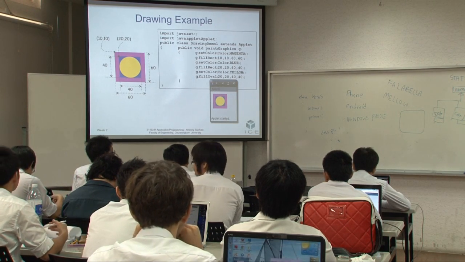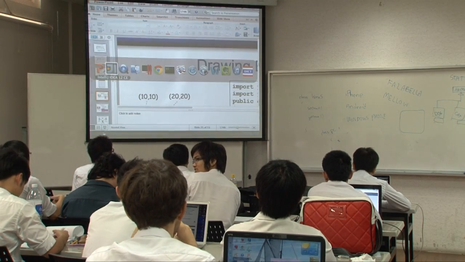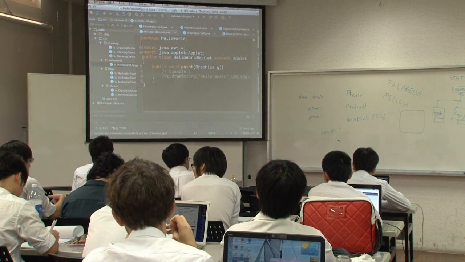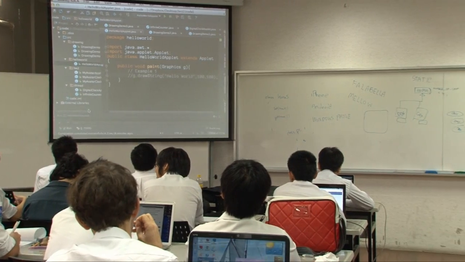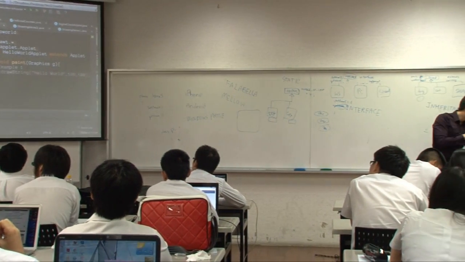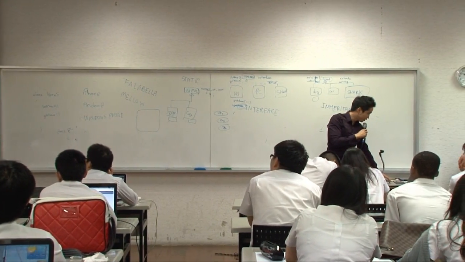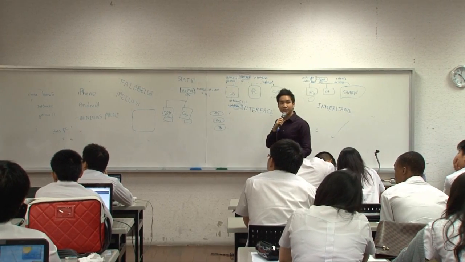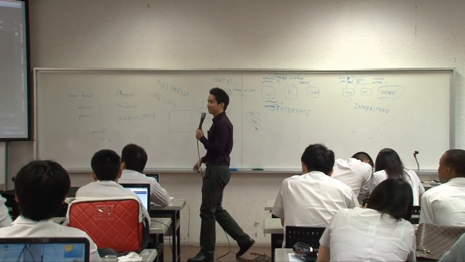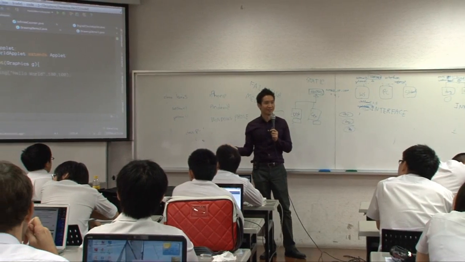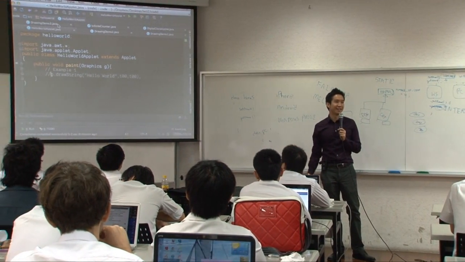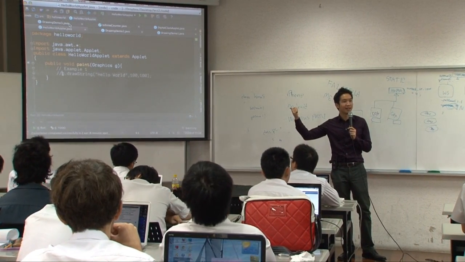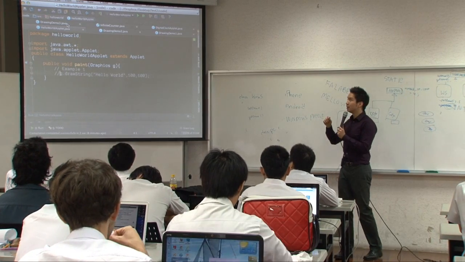I just thought of something and I want to show it to you real quickly. You see here on the screen, do you notice that it looks different compared to your Eclipse? I know it's a different program. I use IntelliJ IDEA.